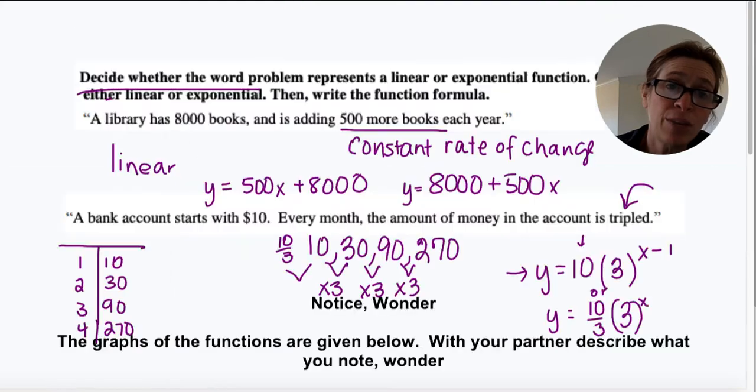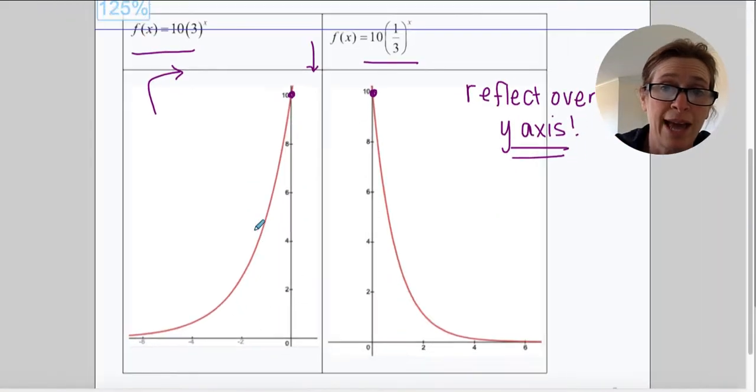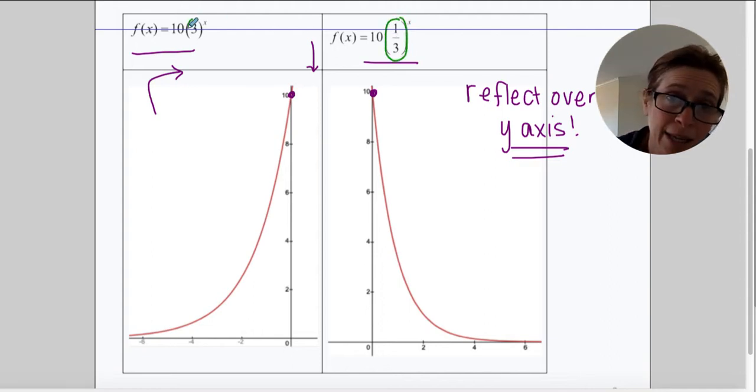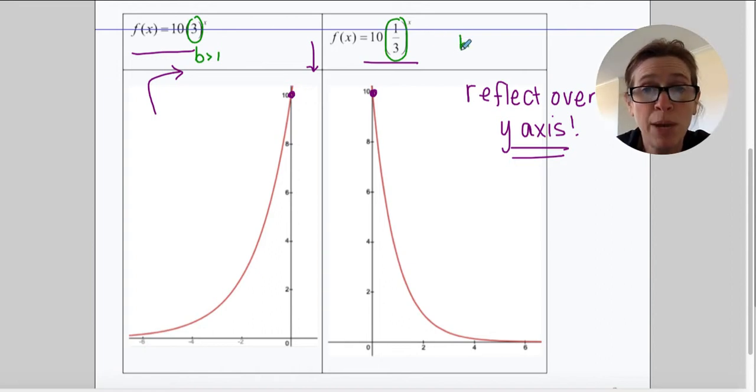So now if we look back at the notice and wonder example we were looking at, we noticed that this b is a whole number bigger than 1, and this is a fraction between 1 and 0.